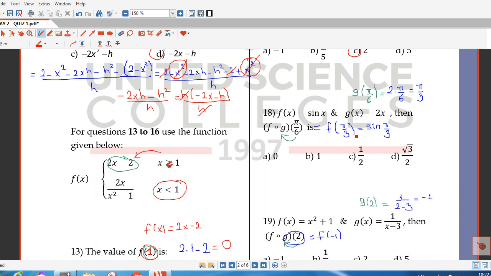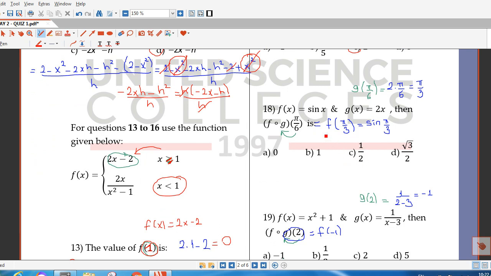Question 18. There are two functions f and g. What is f of g of pi over 6? First of all, g of pi over 6 should be calculated. Find g of x, and instead of x, pi over 6 should be written. Twice of pi over 6 is pi over 3, and it is the result of the interior part.